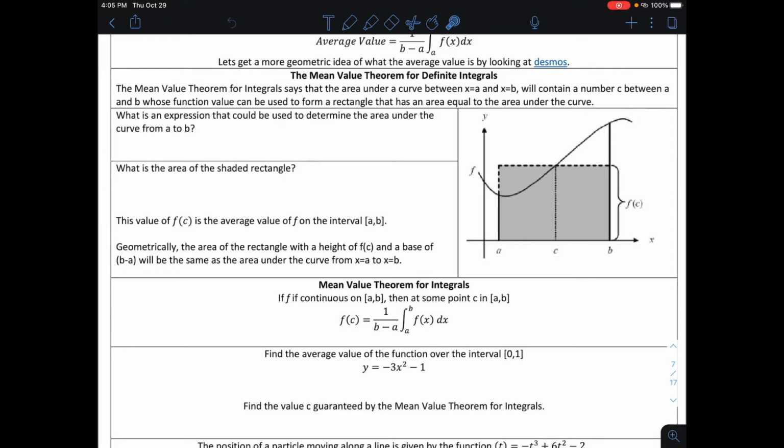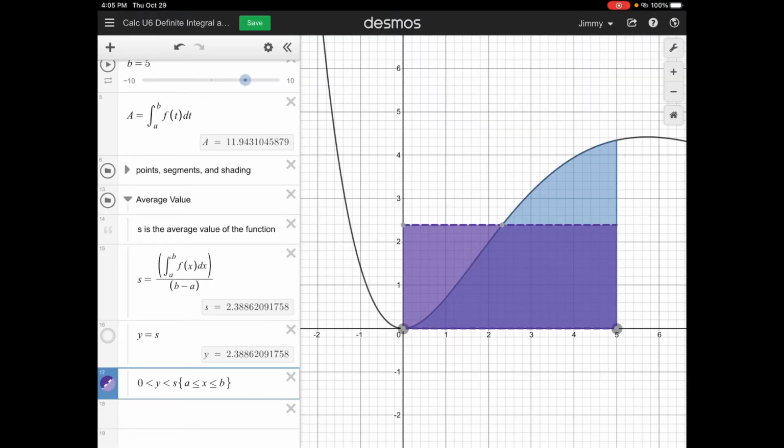So let's go back to Desmos here. The average value, remember, the area underneath the curve there is blue. We determined that if I took the area underneath the curve and divided it by the width, we could create this rectangle whose height represents the average value of 2.389.